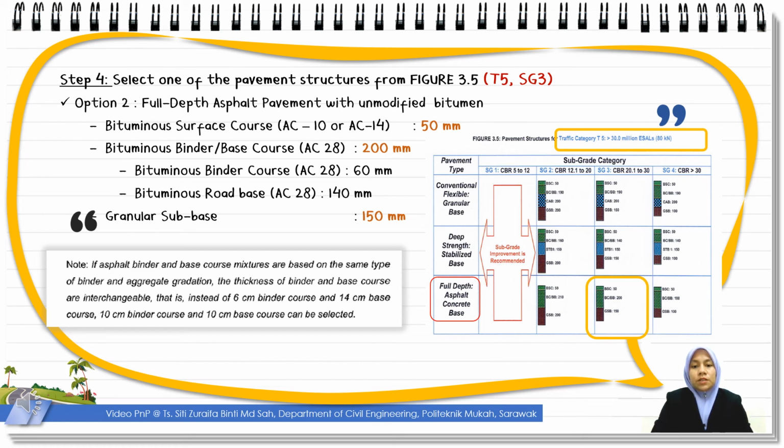Bituminous binder or base course AC28 is 200 mm. You separate it into bituminous binder course AC28, which is about 60 mm, bituminous road base AC28, 140 mm, and granular subbase, which is 150 mm.